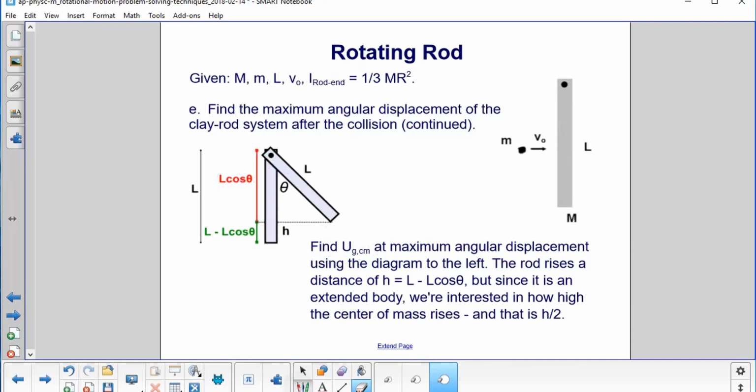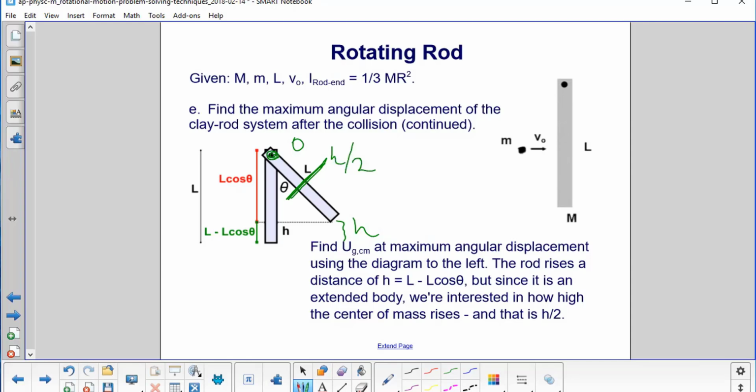Here, let me make it a little easier for you to see. So you might think, okay, the rod goes up a distance h, but it really doesn't. The end certainly goes up h. This point here doesn't go up at all. And then we have a line here. This rod is a line, so at the center of mass of the rod, this piece goes up h/2.